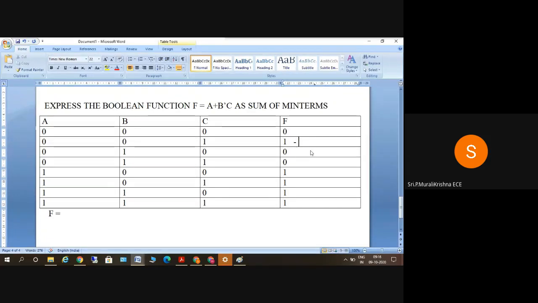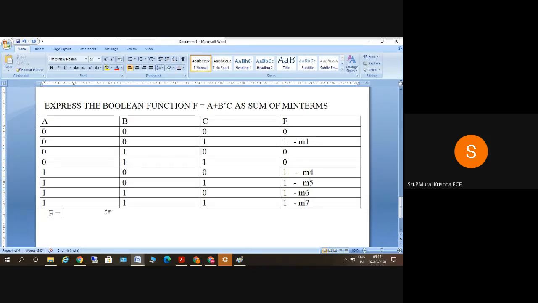Okay, so this is small m1. I have to identify the minterms which are making this f equal to 1. So this is m4, m5, m6, m7.